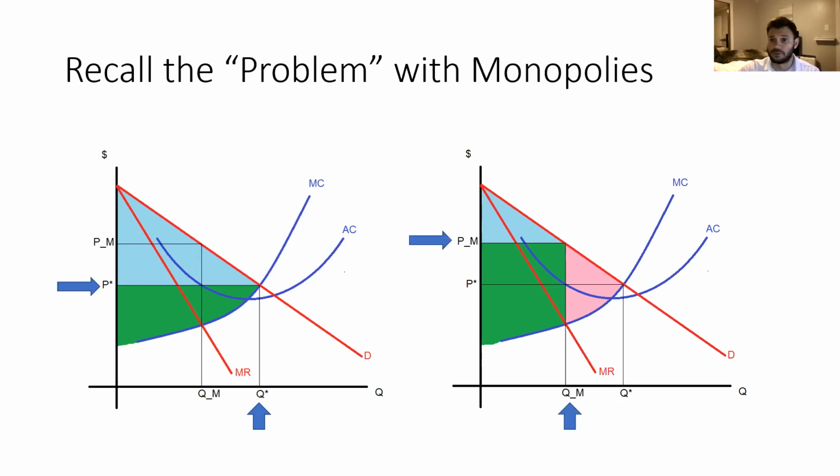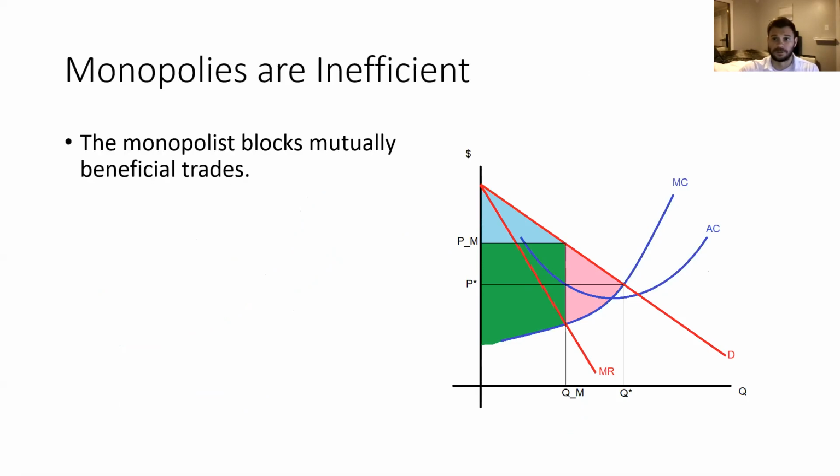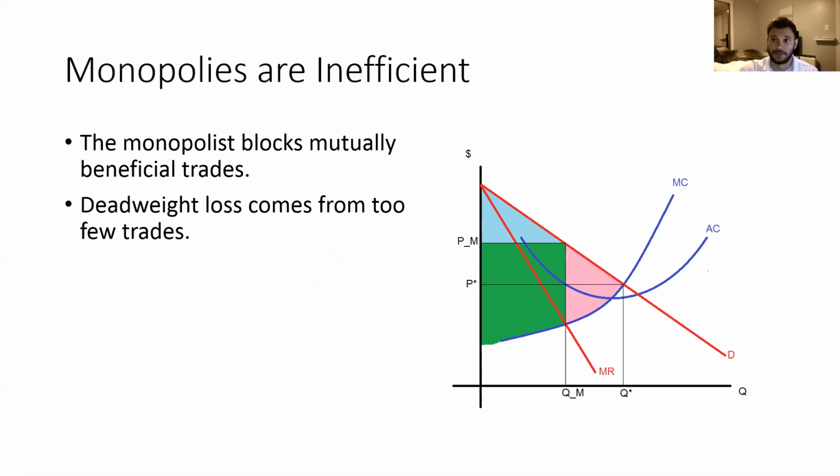And note that this restricts the quantity of trade below Q star, causing our infamous deadweight loss, the shrinkage of the economic pie. So this was the main problem, that monopolies were inefficient. The monopolist tends to block mutually beneficial trades, and this is causing our typical deadweight loss from the volume of trade being too low relative to the efficient volume of trade.